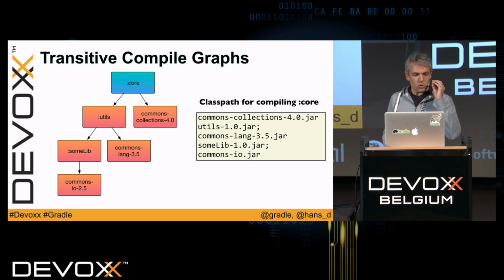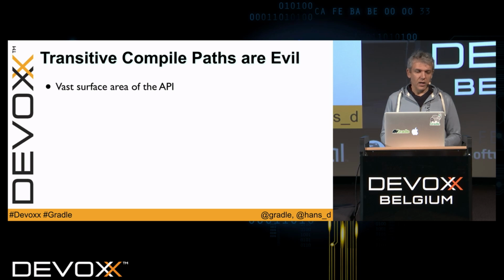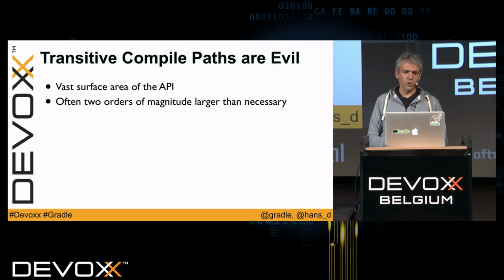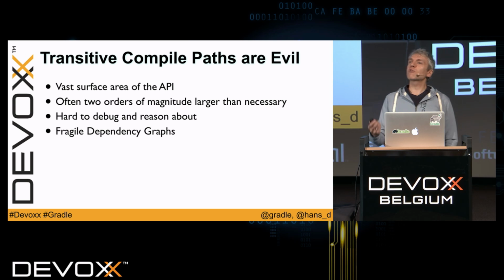And so in general, I think this behavior is evil. It creates a vast surface area of your API, often 2 orders of magnitude larger than necessary for bigger builds. They're hard to debug and reason about because of the size and the implicitness that often comes with it. It introduces fragility.